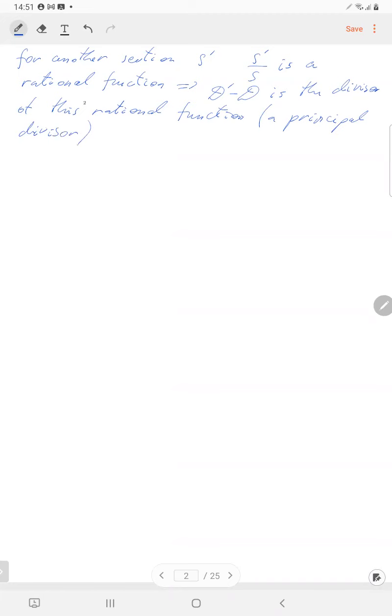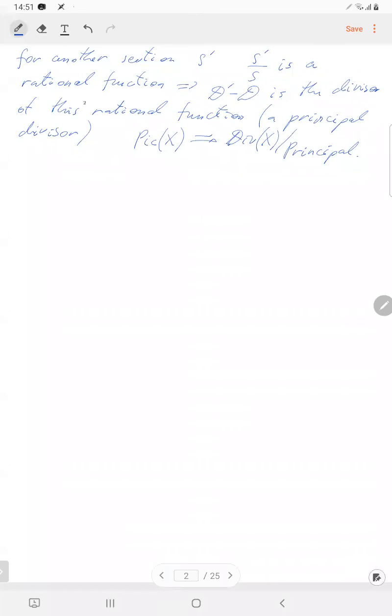Hence we have a well-defined correspondence between isomorphism classes of line bundles and divisors modulo principal divisors. So this way we obtain the isomorphism from the Picard group of X to divisors of X modulo principal divisors. Okay, so that's how it works.